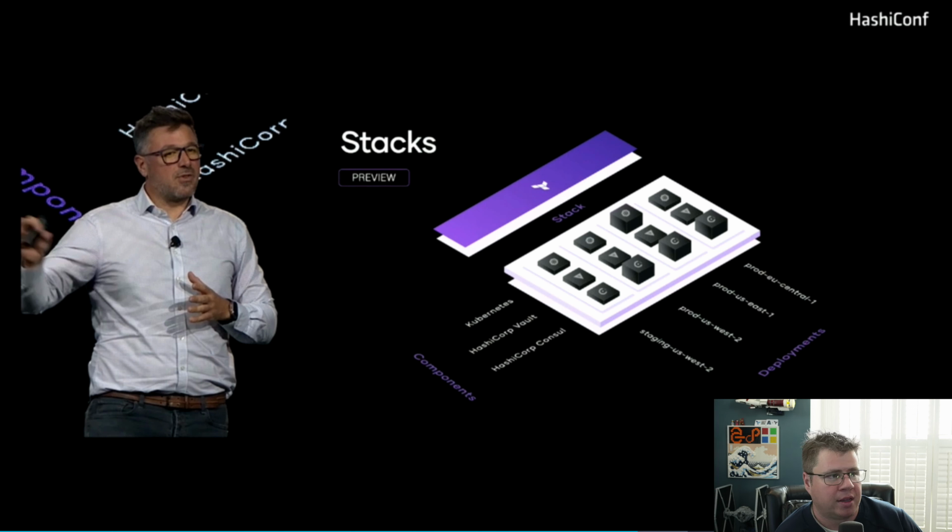And so today the component is like our Terraform code, and the deployment is like our Terraform state file, right? The state file is tied to the specific deployment of your Terraform environment, whereas your Terraform code describes what one of those environments should look like, right?